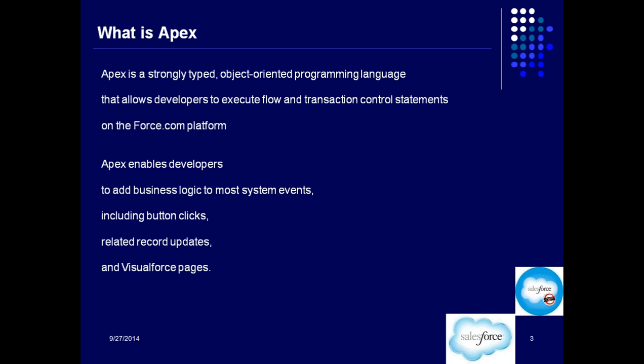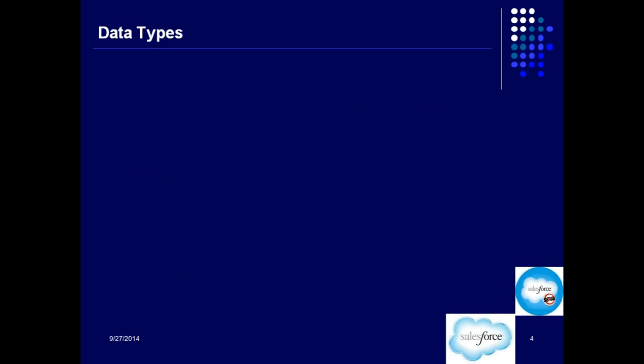If you're not from a Java background, don't say that I do not know Java and I cannot learn Apex. That will be a big mistake. Simply understand that Apex is your language, and we will try to understand how the language is written. We'll keep it very simple.